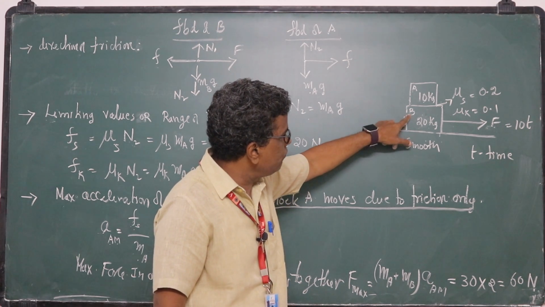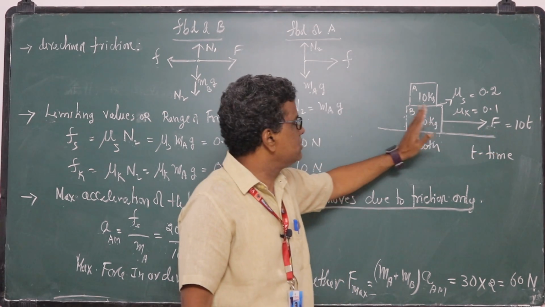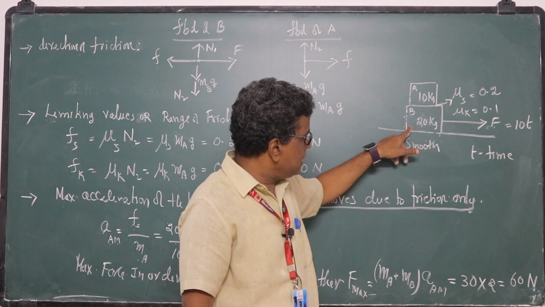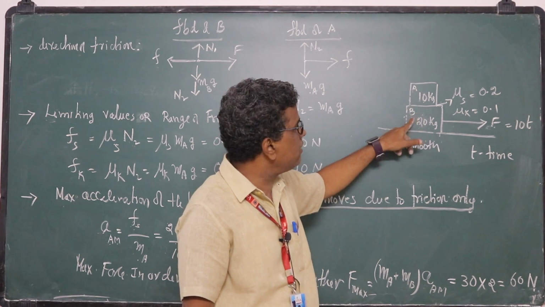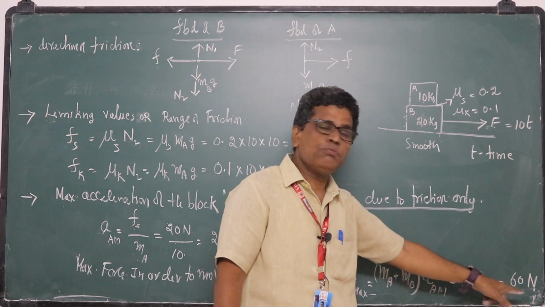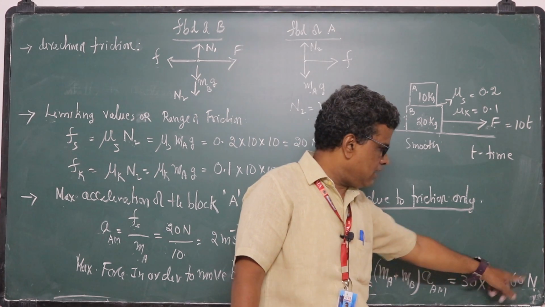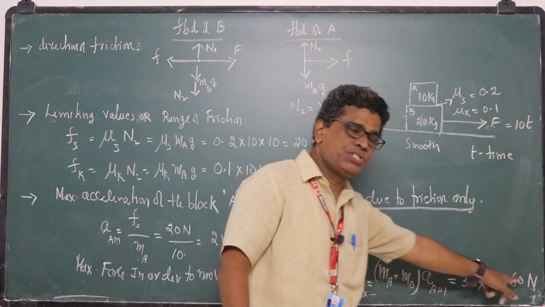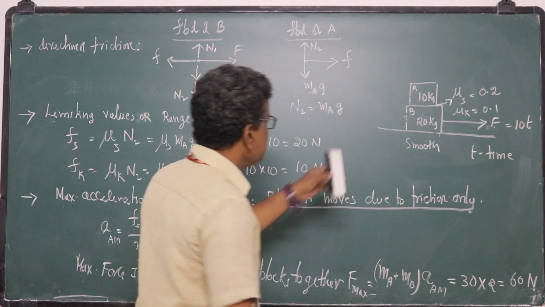So when the force is acting, A starts moving and B also starts moving along with A. So both move together. Until how long will they move together? Until the maximum force acting on it is 60 newtons.